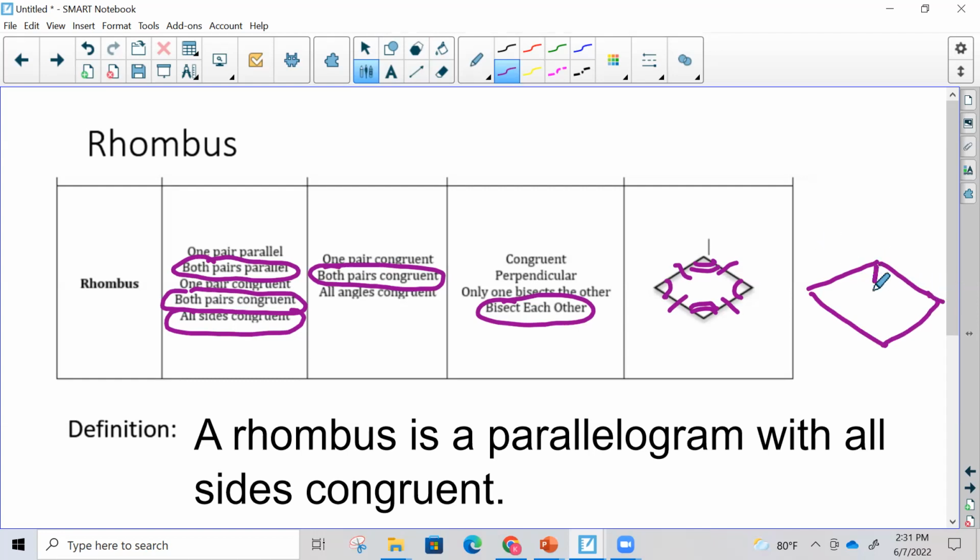Okay, that may be even worse, but if we draw the diagonals, it's kind of hard to tell, but they should form a 90-degree angle. So we know that the diagonals are perpendicular. They intersect at 90-degree angles. Okay, and then again, we know that they bisect each other.